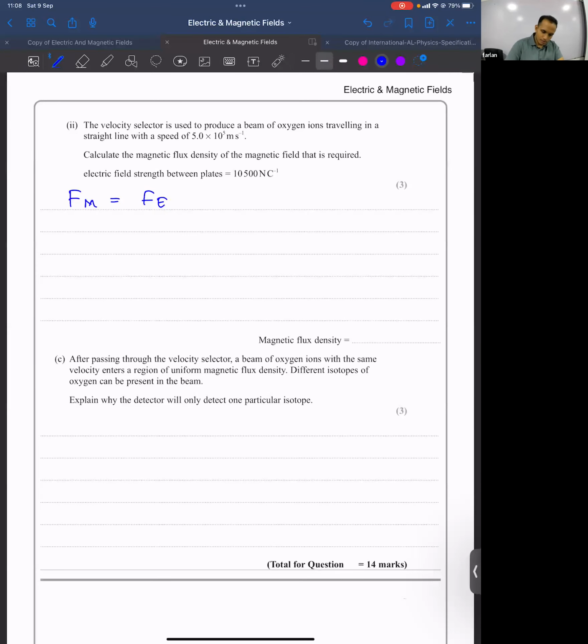Force due to the magnetic field is BQV. Force due to the electric field is EQ. So the Q's on either side will cancel off. So B is equal to E over V.